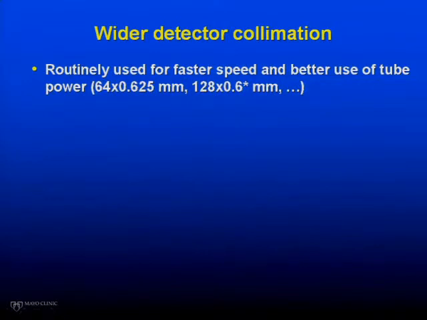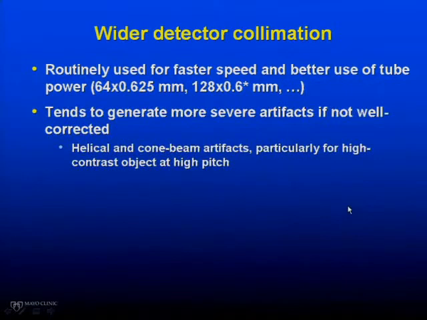So wider detector collimation is routinely used to achieve a faster scan speed and better use of tube power. However, it tends to generate a more severe artifact if it is not well corrected, such as the helical and cone beam artifact. This is particularly true for high contrast objects at high pitch.